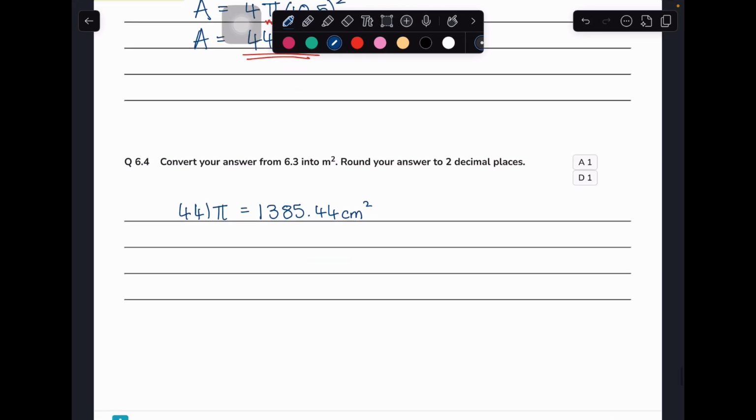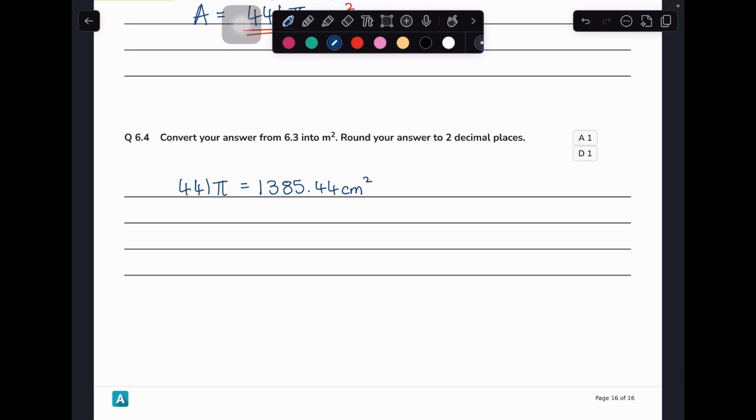I need to know my conversion from centimeters squared into meters squared. If I have 1 meter by 1 meter, I have 1 meter squared. And its equivalent in centimeters would be 10,000 centimeters squared. So I need to divide this.